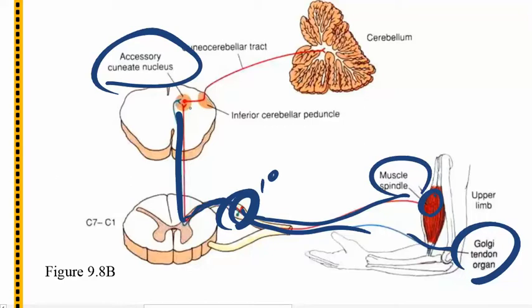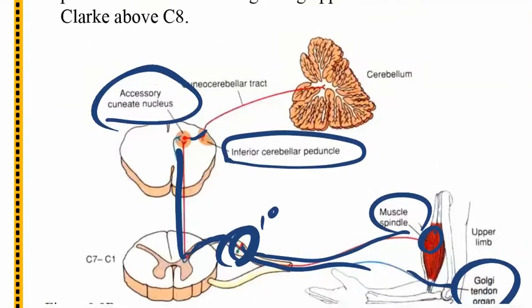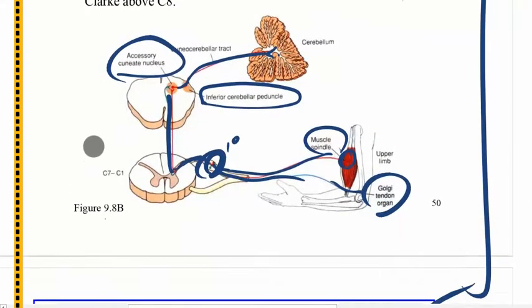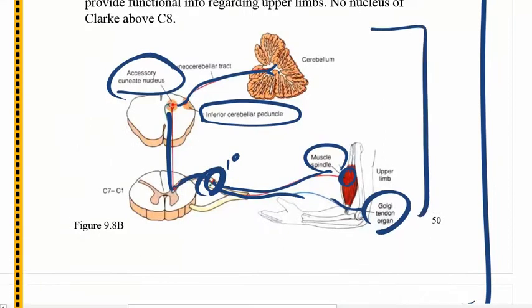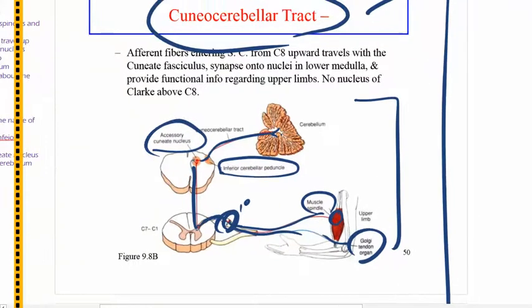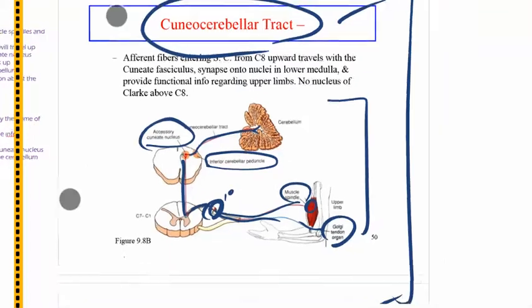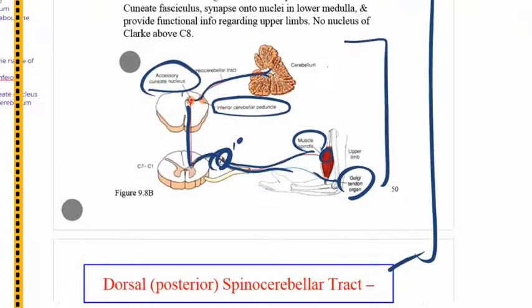From here, it's going to travel through your inferior cerebellar peduncle, and then synapse in your cerebellum. Notice that there's no decussation when you're looking at this cerebellar tract.